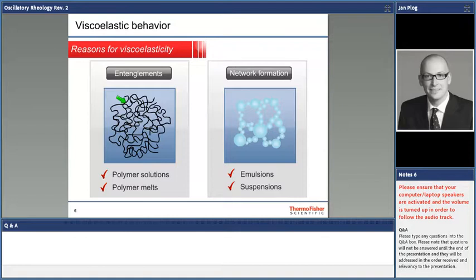Okay, as a rule of thumb, you usually never want elasticity. Elasticity is usually always bad. When you spray a coating, the misting behavior will not be good. When you have maybe a curtain coat that is too elastic, you will have an uneven surface.